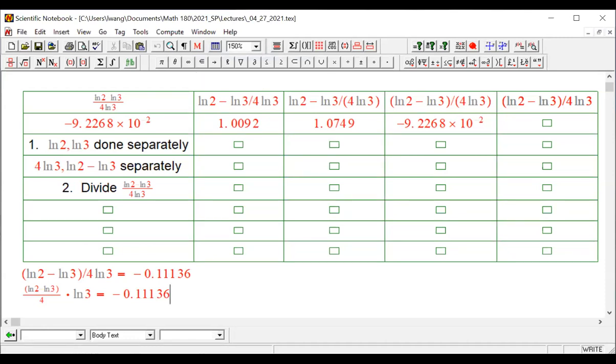So now, in summary, don't do this. Don't do that. That's not enough. This is okay, but not this one. And the correct ones are this one and this one.